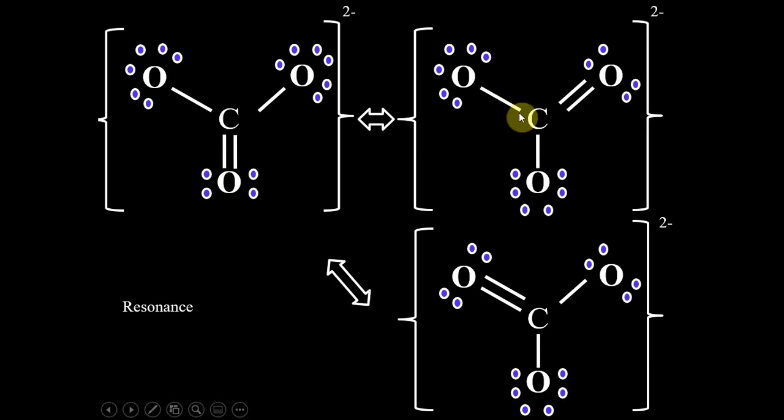So it's not really any one of these, it's actually a combination of all three, where the double bonds flip around that central atom, and it happens so fast that the apparent result is that we get three identical bonds out of this result. Okay, so that's how resonance actually is explained.